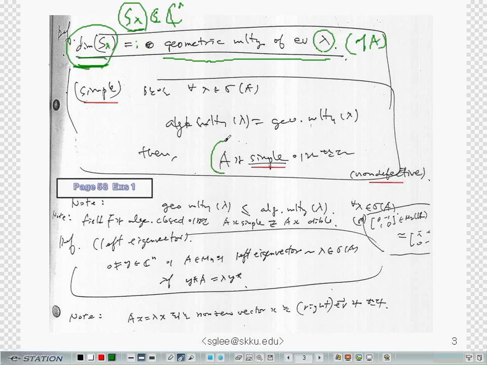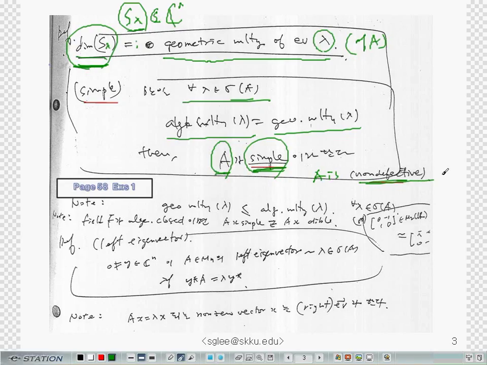We say this matrix A is simple if for each eigenvalue lambda of A, the algebraic multiplicity of lambda is the same as the geometric multiplicity of lambda. Then we call this matrix A simple, or it is also called non-defective.